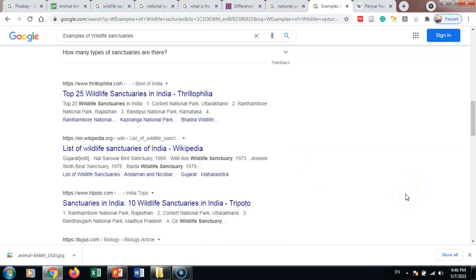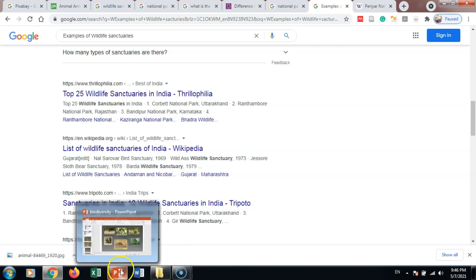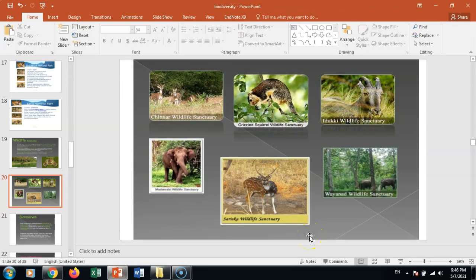So you can give these examples of wildlife sanctuaries. This is all about in situ conservation, as we have previously seen in the lecture on in situ and ex situ conservation. We have also seen biosphere reserves, which are also a type of in situ conservation.